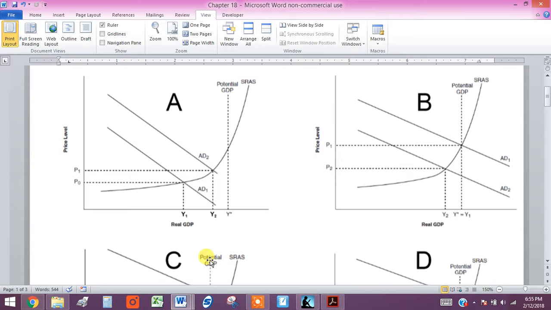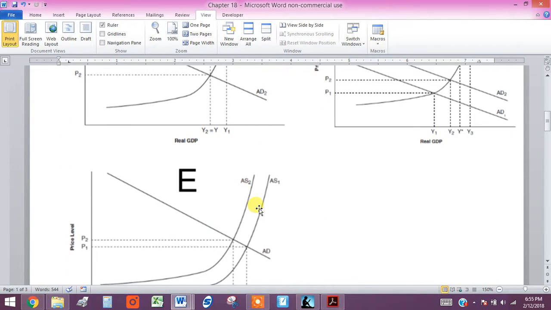So the only one that matches scenario A is graph A, where we start off at Y1 and shift the aggregate demand curve to the right to move closer at Y2 to potential GDP at Y star. When we expand, when we grow, we want to use expansionary policy. So any rightward shift of aggregate demand is going to be expansionary. Any leftward shift is going to be contractionary.